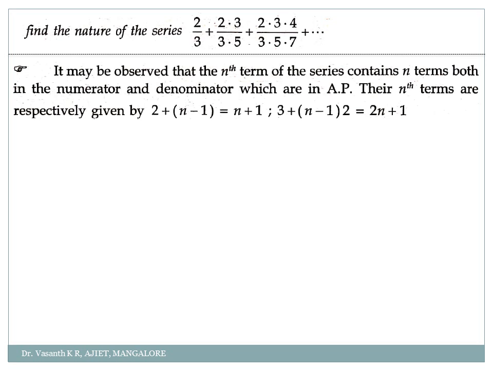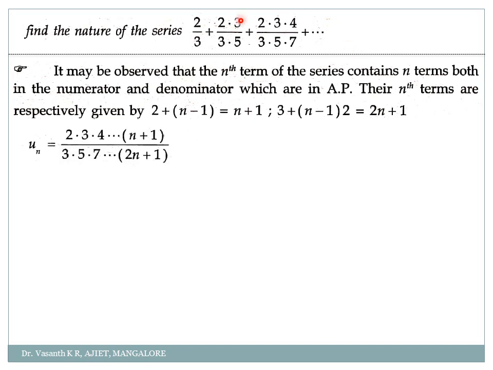Yes. So here it is observed that the nth term of the series contains nth term both in numerator as well as denominator, correct? Which is nothing but we call it as arithmetic progression. This arithmetic progression, geometric series and all you have studied in your 8th standard or 9th standard, correct? So how to write the nth term here? That is the question, correct?